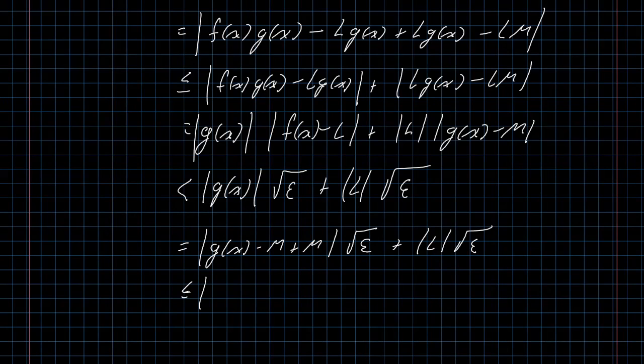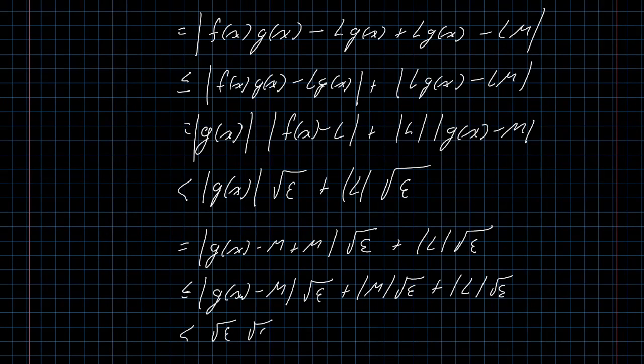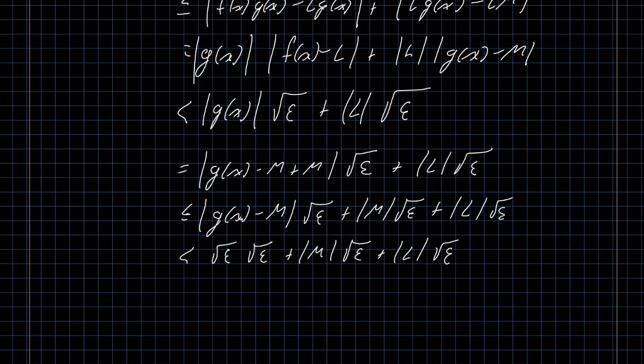Using the triangle inequality, this is less than |g(x) - M| times root epsilon plus the absolute value of M times root epsilon. So I don't end up with epsilon because I wasn't paying enough attention at the beginning.